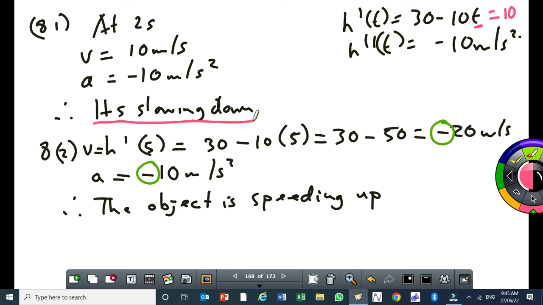Now, since we have the same sign here and there, they are both negative, that's a sign that the object is speeding up. As long as the velocity and the acceleration have the same sign, then the object will be speeding up. But if their signs are different, then the object will be slowing down. Alright?